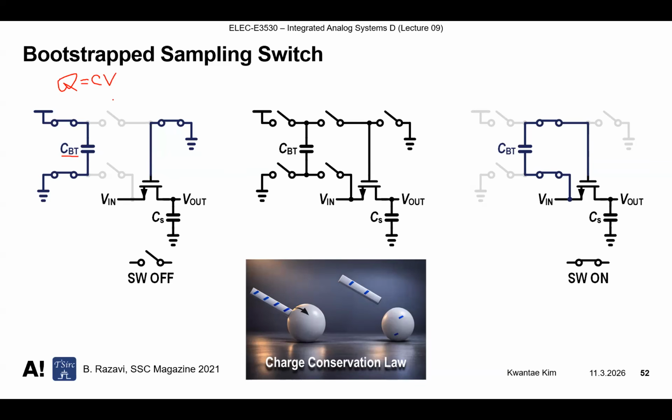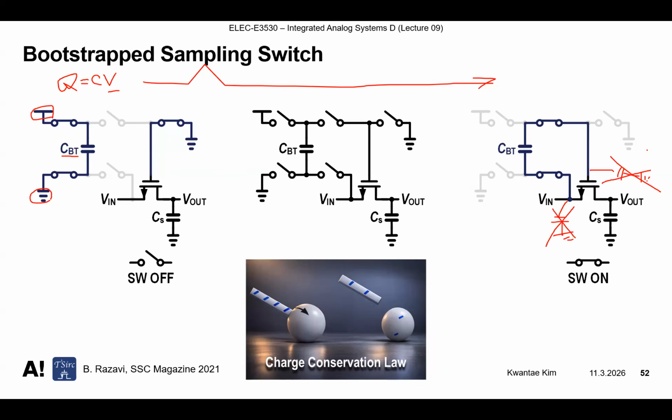Here, this is CBT, and V is VDD. So this is VDD, and this is ground, right? Let's assume that this charge is conserved, so charge is not lost. Of course, there can be a parasitic cap here and a parasitic cap here. You will experience this kind of parasitic cap during your CED exercise. But at this moment, let's forget about this.